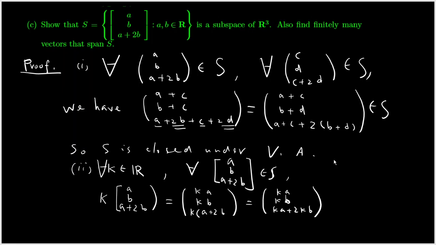That's how you can see that's a vector in S. So you see S is closed under scalar multiplication. We have verified the first two conditions. Any questions so far?